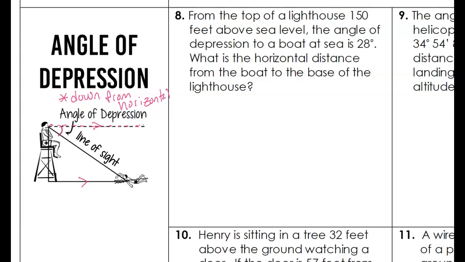If I know that angle of depression, I can't immediately solve using trig because that angle of depression is not inside of my right triangle. So what do I do to get it inside of my triangle? Say the angle of theta. How do I make theta be inside of my right triangle?